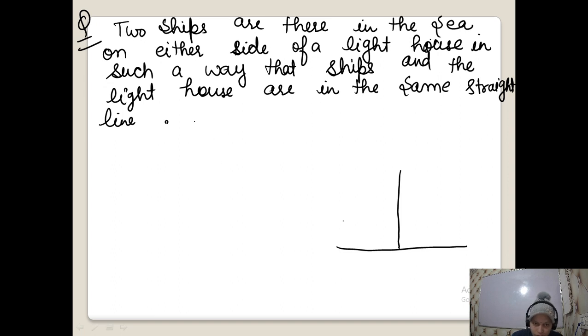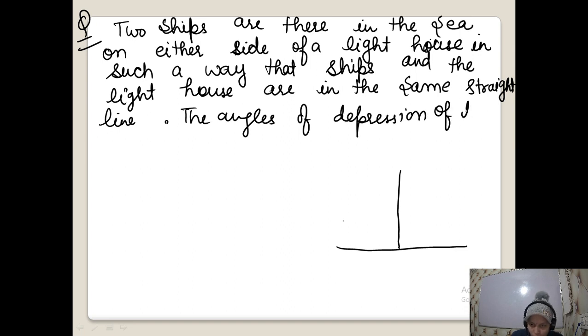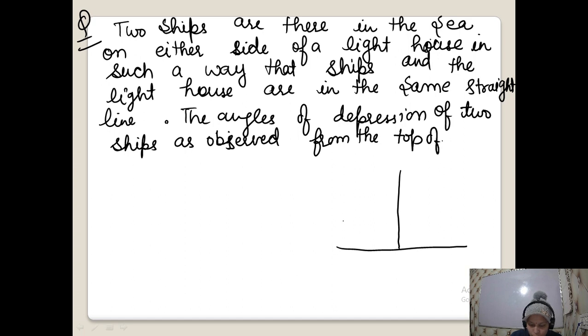Now next line is the angles of depression of two ships as observed from the top of the lighthouse.